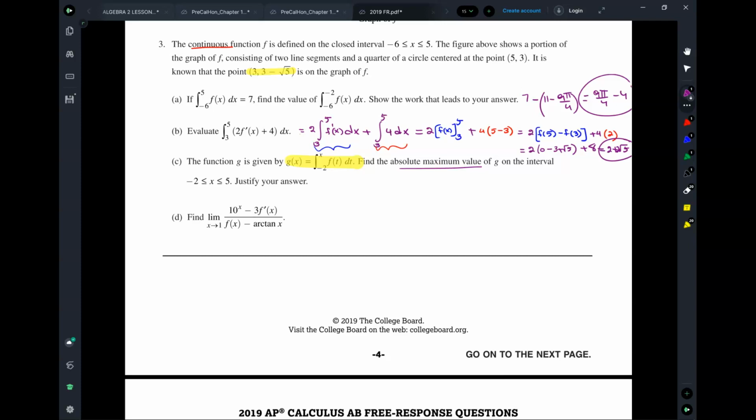Now, if you want to find the absolute maximum on a closed interval, that's not the MVT, that's the EVT. Who said EVT? It's so hard with these masks, because I can always narrow the noise down to the closest two.